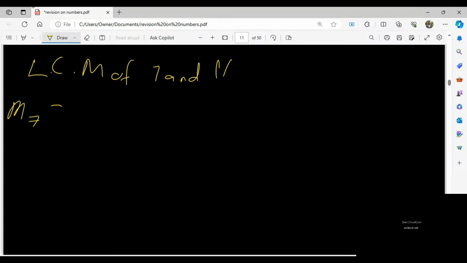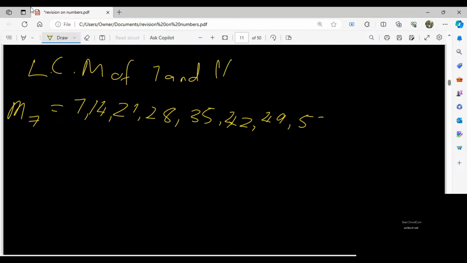Multiples of 7 equals 7, 14, 21, 28, 35, 42, 49, 56, 63, 70, 77. The next one will be 84, etc.